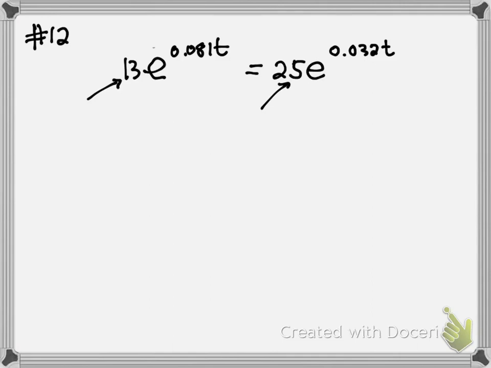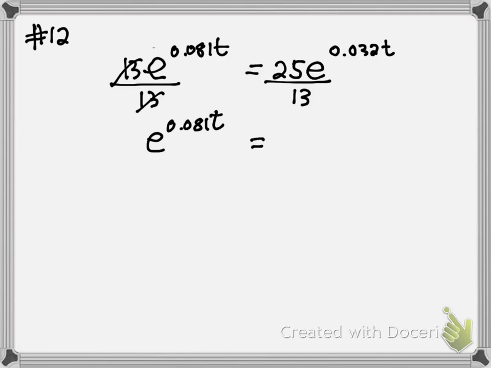I would like all the constants on the right side, so I divide by 13 on both sides. That cancels out, so I'm left with e to the 0.081t equals 25 over 13 times e to the 0.032t. Then I have to move this term to the left side.